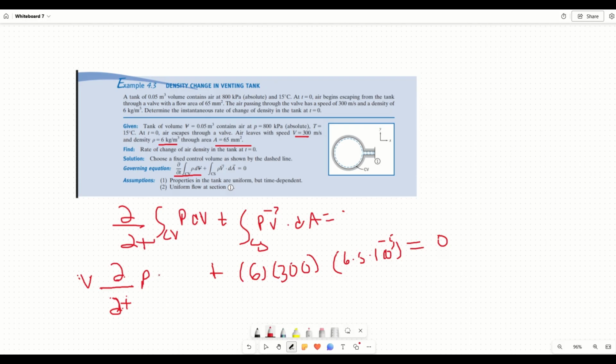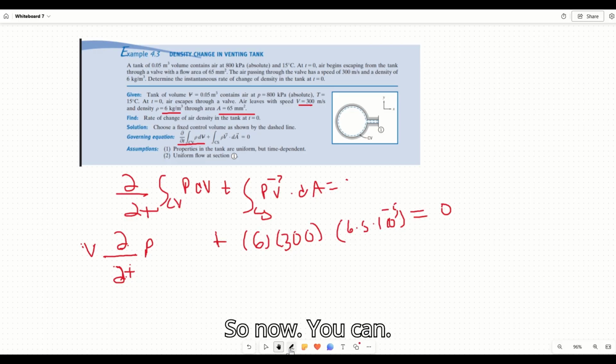There we go. So now we can rearrange this equation so that this is density.